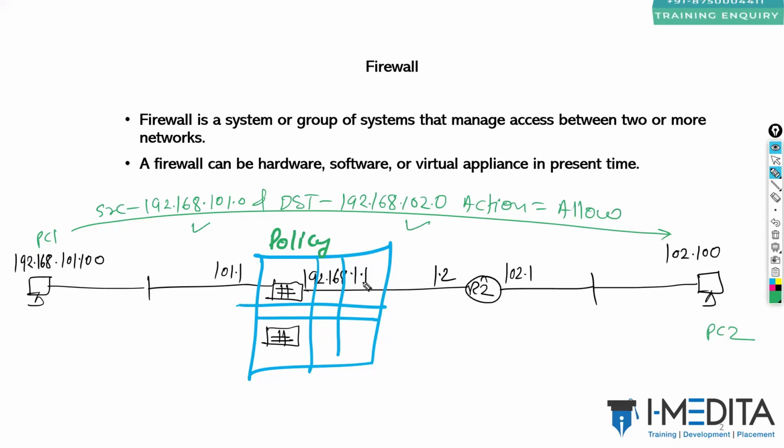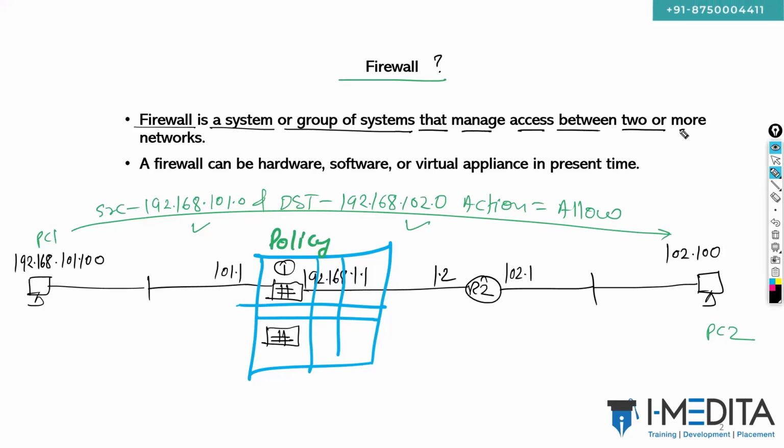Done. So whatever we have understood through the diagram, the same thing is mentioned here. When we talk about what a firewall is, a firewall is a system or a group of systems that manage access between two or more networks. A firewall can be a single device.